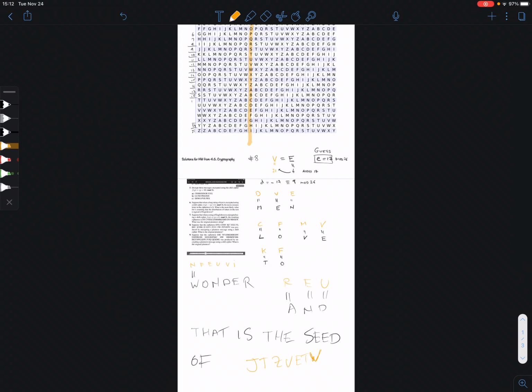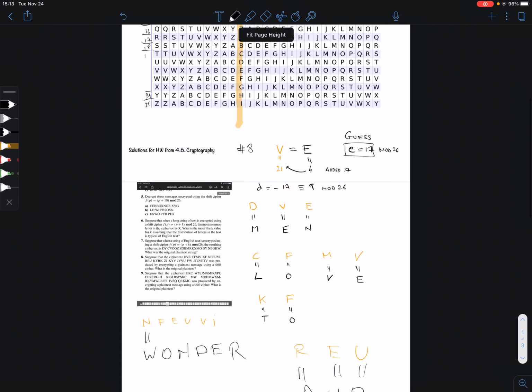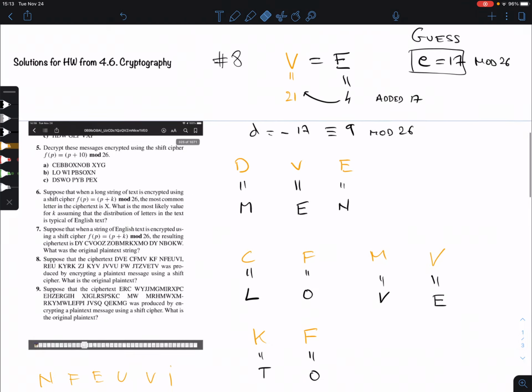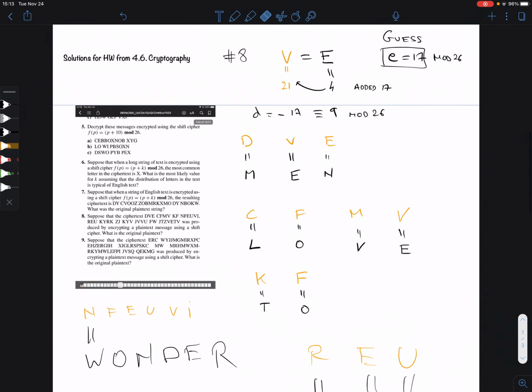J, S, T, C, Z is I, is this, and that is the seed of S, C, I, V, what was an E, we know that, E, we already know that's an N, T, do we have a T already? No, but well, let's see what T is C, oh yeah, right, we did it there, and then V is E, and that is the seed of science, okay, so that's how it works. All right, so that was number 8. Now you see it is easy to crack, that we basically cracked a code, right?